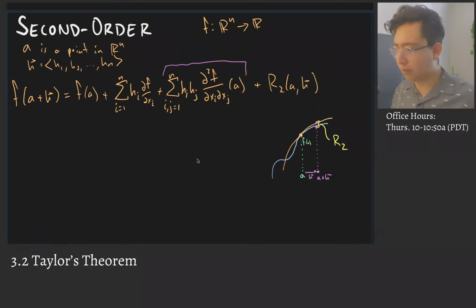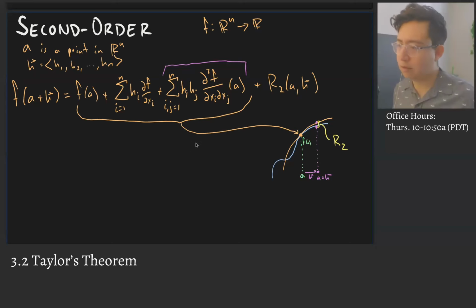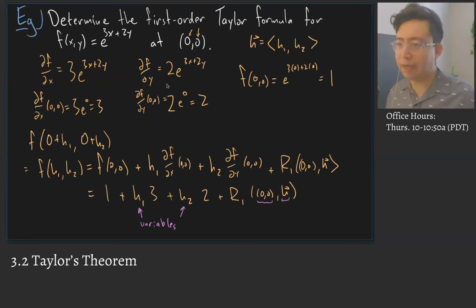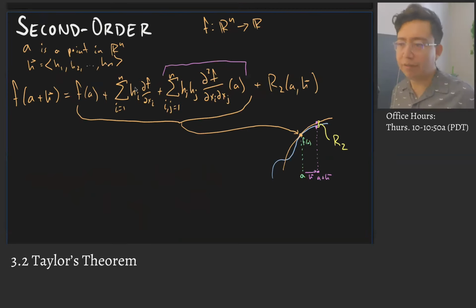One thing I wrote last time is that f of a plus this stuff, if you break it down, is a quadratic polynomial in h_1 through h_n. Here everything was linear in terms of the h's, and down here everything is going to be quadratic in terms of the h's.